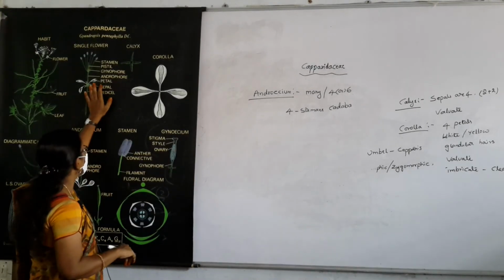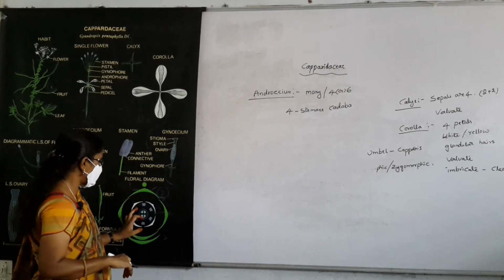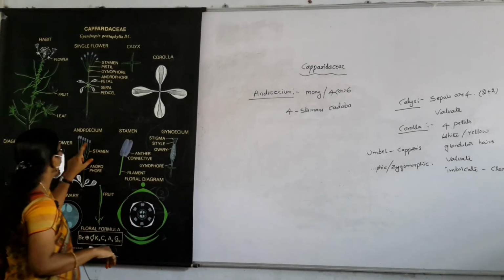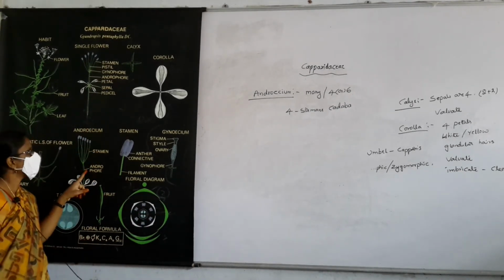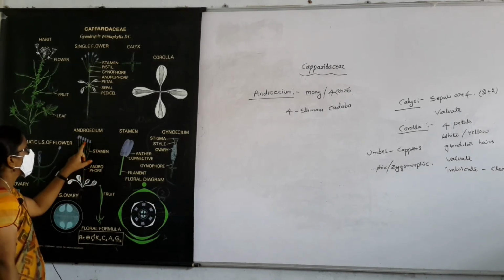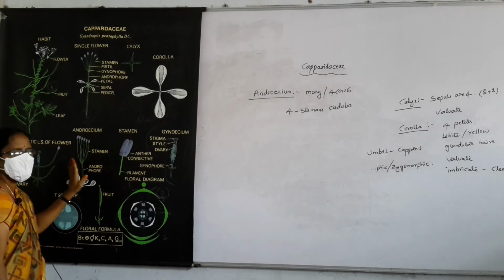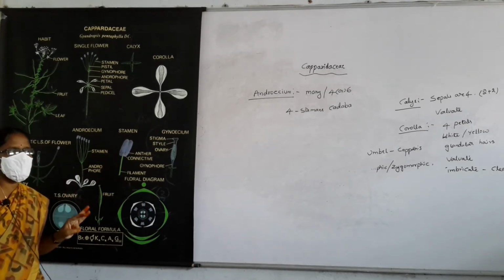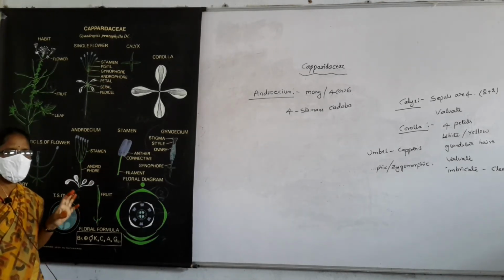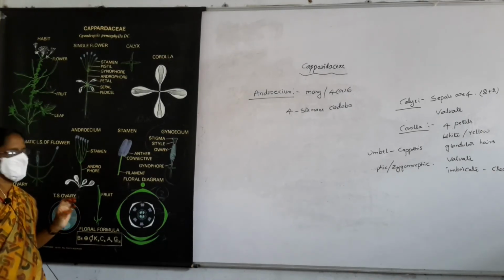For example, in Gynandropsis plants 6 stamens are present: 1, 2, 3, 4, 5, 6. This is the androecium. In some plants many stamens are present.